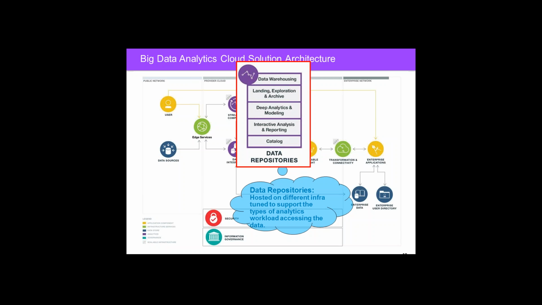The interactive analysis and reporting speaks to capabilities provided by the likes of Apache Spark, as an example, that allow you to have real-time interactive analytics on multi-petabyte sized data repositories.